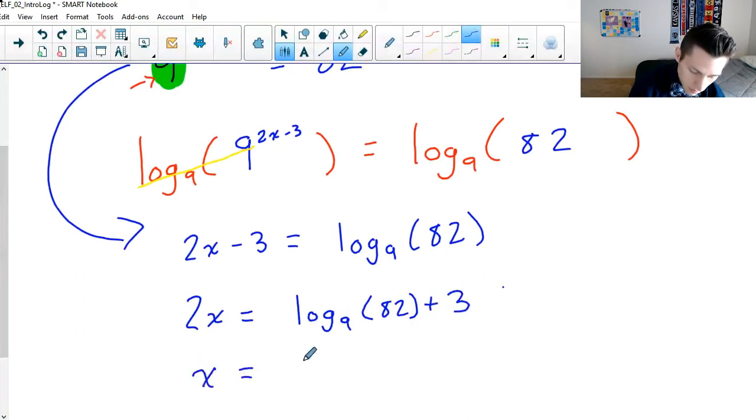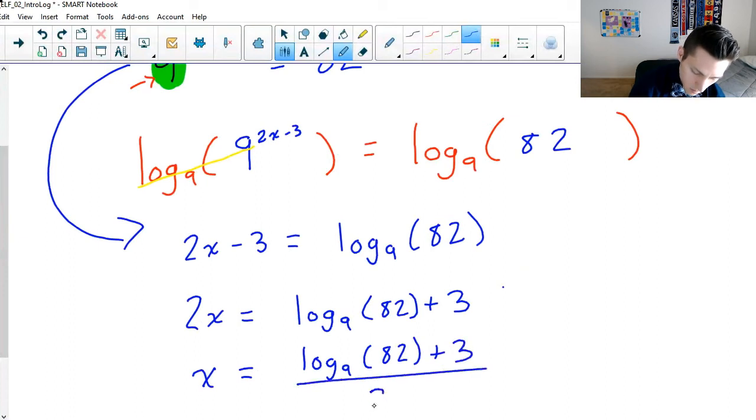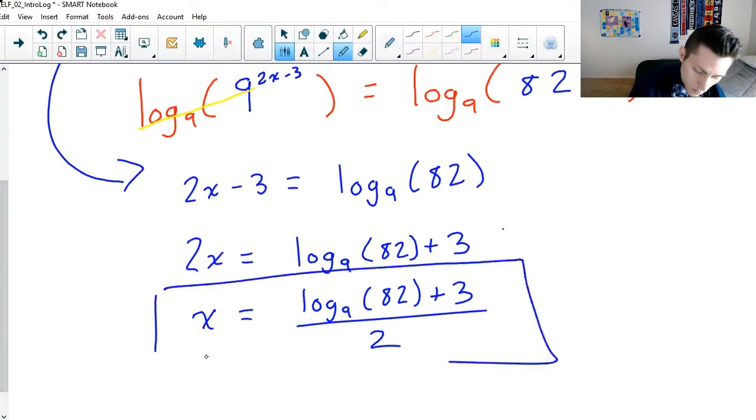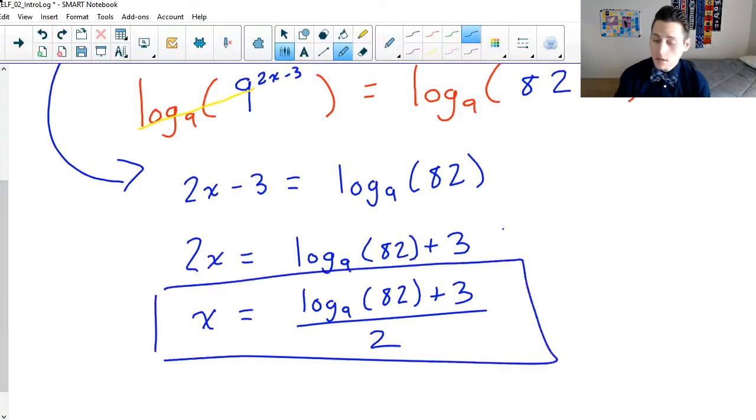And then divide by 2. So this is what I get as my answer. Again, certainly not the prettiest thing, but it is my answer nonetheless.